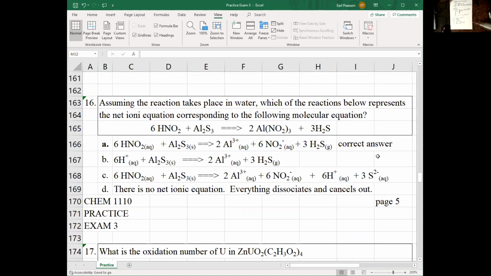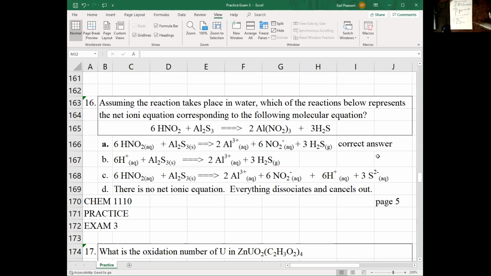Now, this says, assuming this reaction does take place, HNO2 plus Al2S3 making 2 Al(NO2)3 and 3 H2S. Suppose that does take place. I want to know which of these reactions down below represents the net ionic equation.